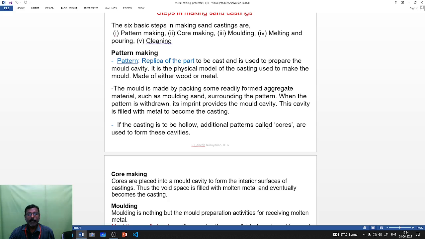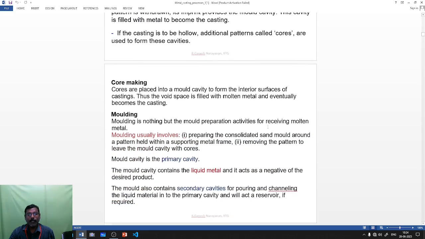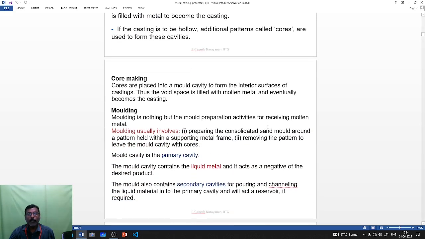When the pattern is withdrawn, it leaves the mold cavity. The cavity is filled with metal to begin the casting. If the casting is to be hollow, additional patterns called cores are used to form the cavities. Then core making. Cores are placed in a mold cavity to form the interior surface of the casting.